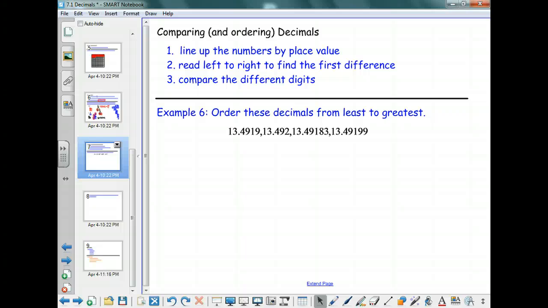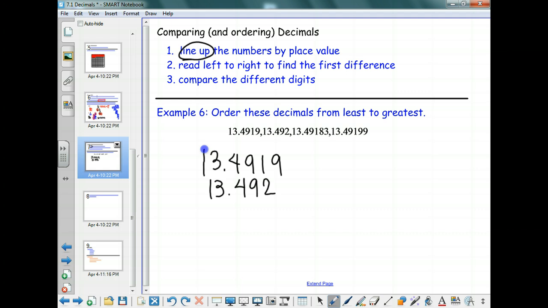So I find it easiest to work with these because these are very similar numbers, agreed? This isn't like the 0.68, 0.71, 0.72, or whatever they were on your test. These numbers are really similar, and there's a lot of weird things going on that looks very similar from number to number. And so I find it easiest to line them up on top of each other, hence the phrase lining them up, so that each of the place values is above the others, above or below where it actually is supposed to be.